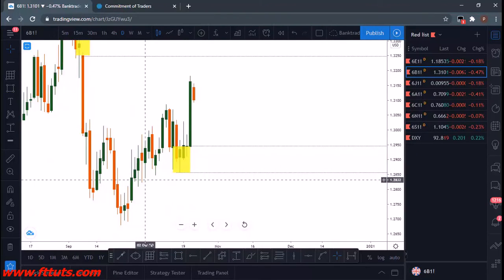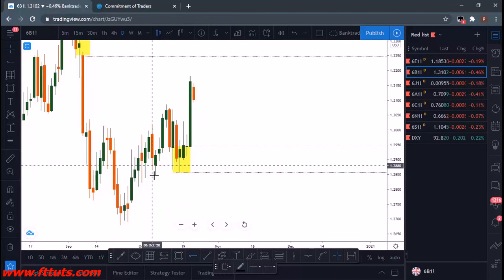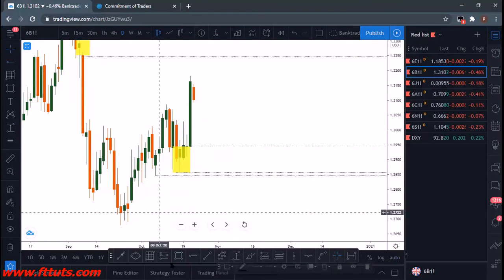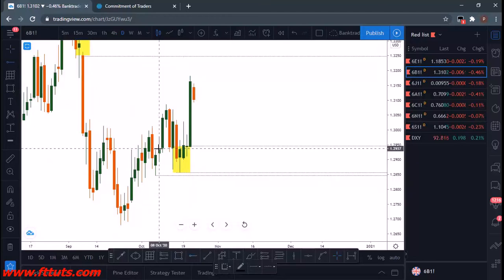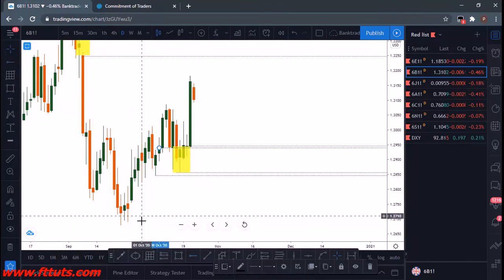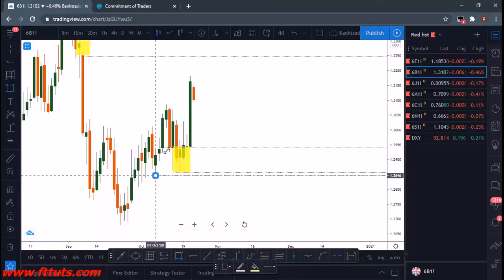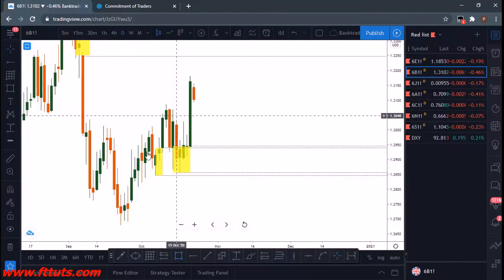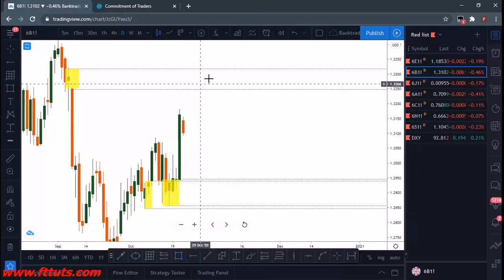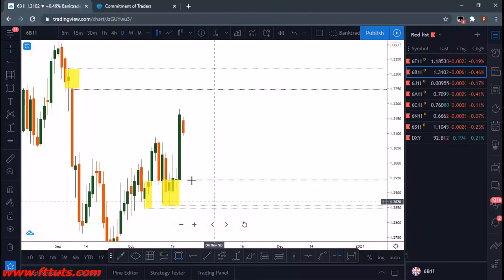It's a bit choppy, but if I'm drawing it, I will draw it from this low to where this momentum started. So we know that the one who is in control here is demand.